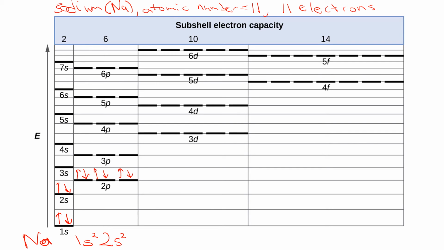So now we have a total of 6 electrons on our second floor, over in our P rooms here. So 2p6 is the next part of our electron configuration.